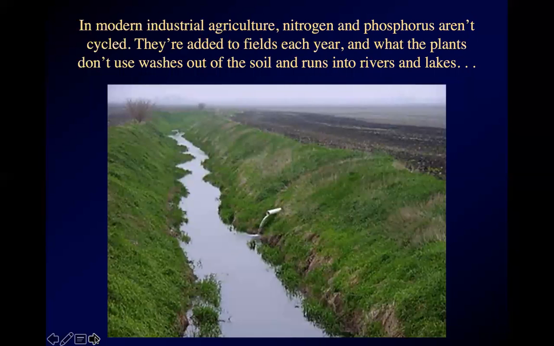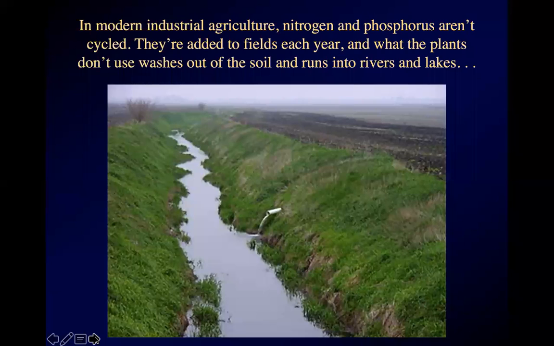In industrial agriculture today, if you're growing corn, let's say, up in Iowa, where my dad is from, they grow ridiculous amounts of corn, of maize. And corn is pretty nitrogen hungry, so the farmers will dump large amounts of nitrogen and phosphorus fertilizer on the fields, typically more than they really need.